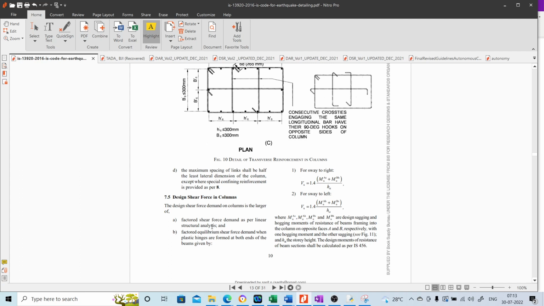Okay, if not directly given, we have to find it out the same way that we did for beams. The idea is very simple, that is the shear force that is going to generate here, we have to find it from the analysis that we did just like for a beam. But that is not required at this point.